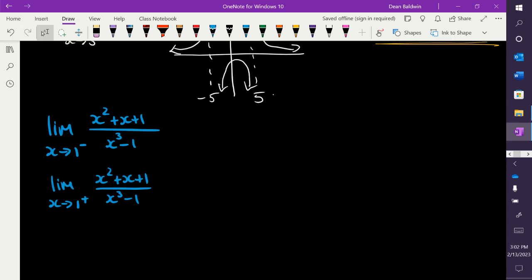I don't want to sketch that graph. I just want to know what is the value of the limit. So let's do the top one. So it has a discontinuity at 1. Does everybody agree with that?